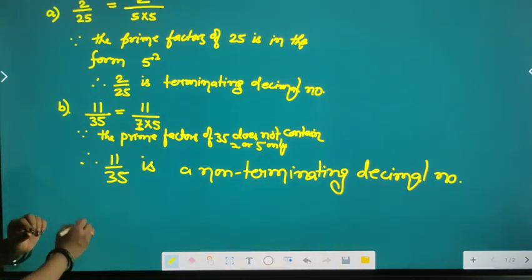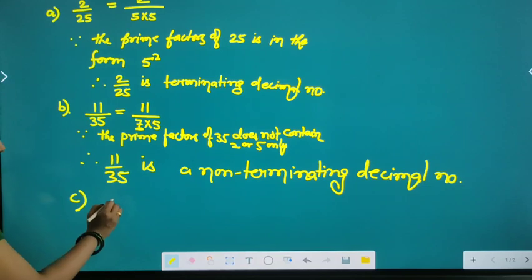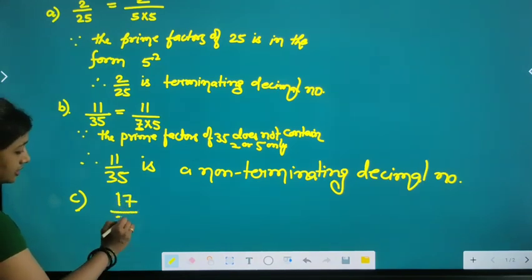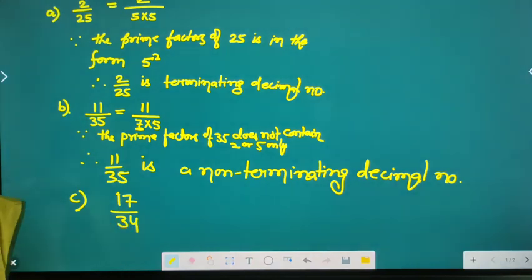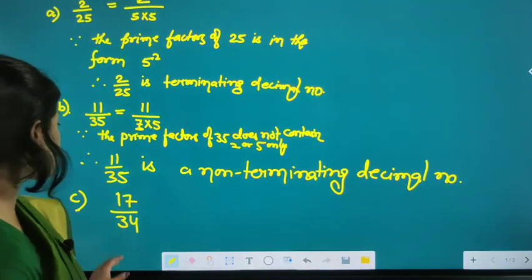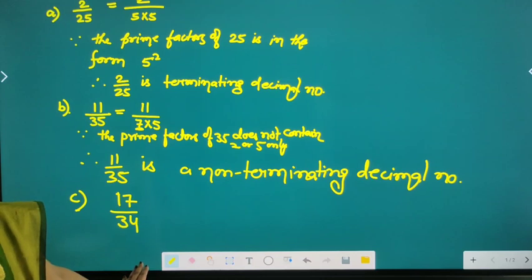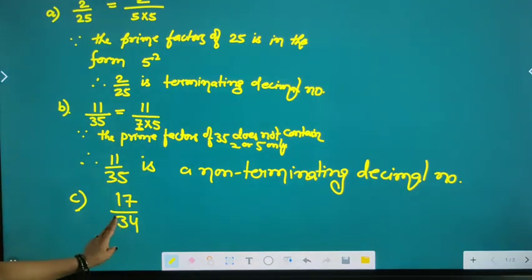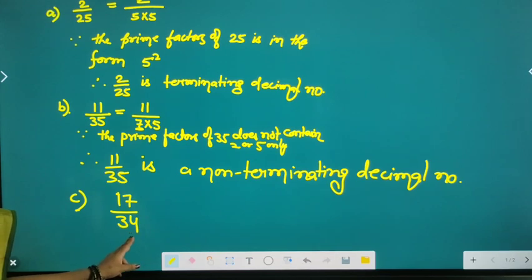One more question, very important, just look here. If I give you 17 by 34 and ask whether this is terminating or non-terminating, the prime factors of 34 are 17 and 2: 17 twos are 34.